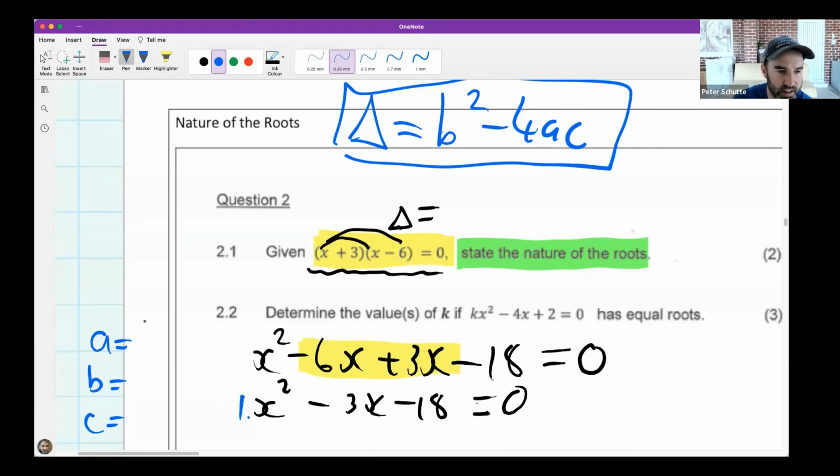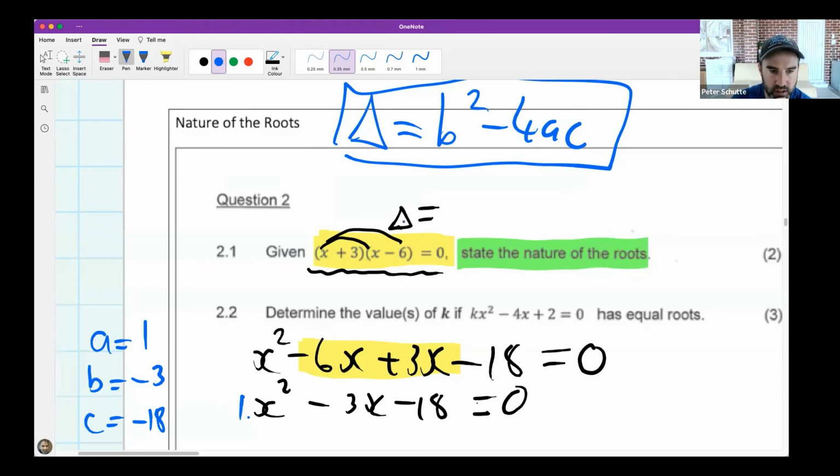I think the A value is 1. The B value is -3. The C value is what? Okay, it's not just 18, it's minus 18.